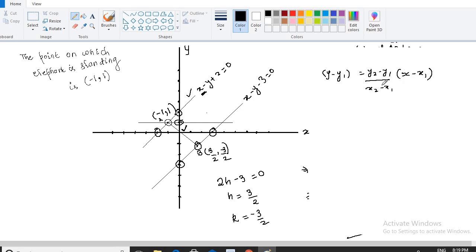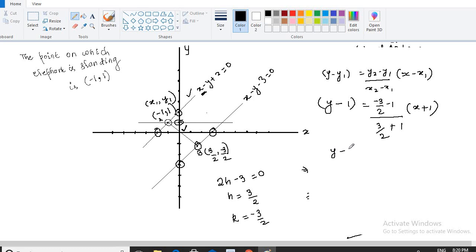You can consider any point as (x2, y2) and (x1, y1), but I'll be considering this point as my (x1, y1). Let me put down this value. y minus 1 is equal to, y2 is my minus 3 by 2 minus 1, over 3 by 2 minus minus 1, into x plus 1.